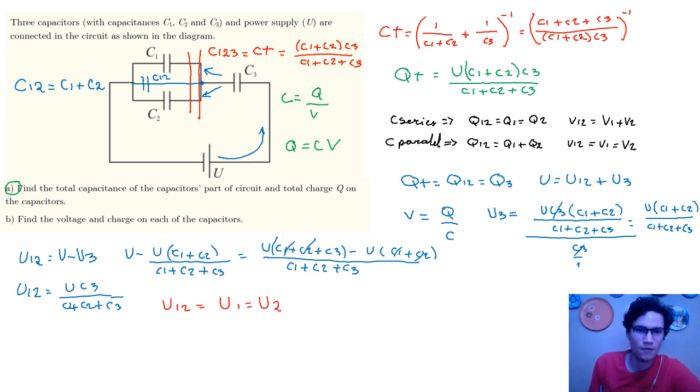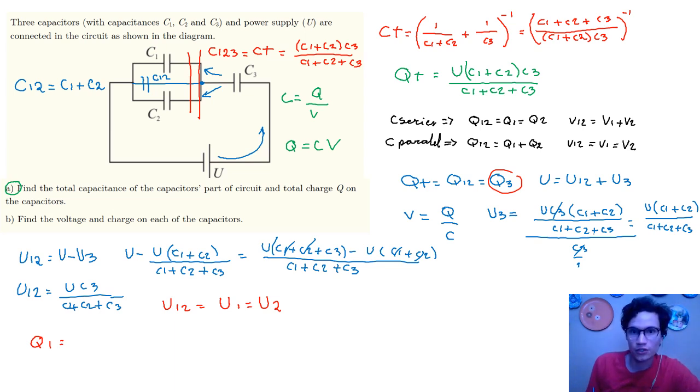So now we have all the voltages. We are only left with the charges, because we also have the charge in 3. So we got the voltage in 3, voltage in 1, voltage in 2, and charge 3. We only have to find charge 1 and charge 2.